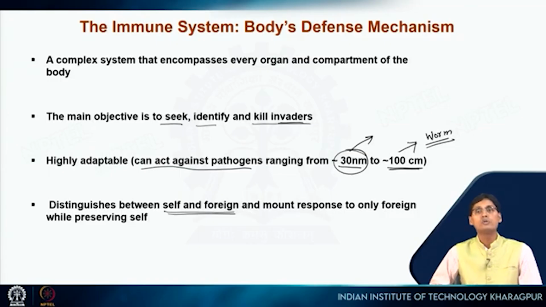No. Then we will develop another type of disease which is called autoimmune disease. So as a result, it should properly recognize which one is self. The immune system should not work against those self. It should only act against foreign things, right? So this is one of the major things for our immune system.